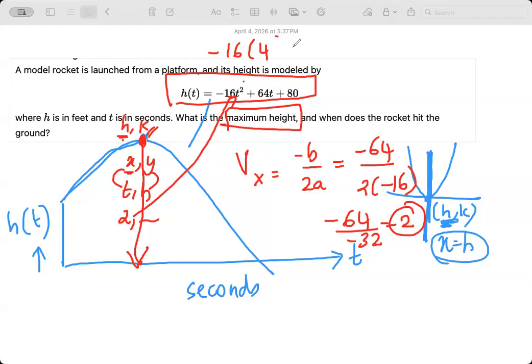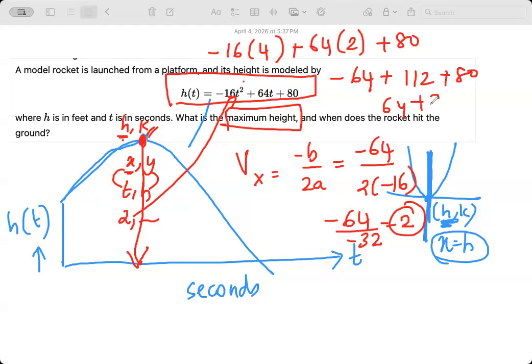Minus 16 times 4 plus 64 times 2 plus 80. What is that? Minus 64 plus 112 plus 80. So what is that? 144. 144 feet is the maximum height here. Got it?